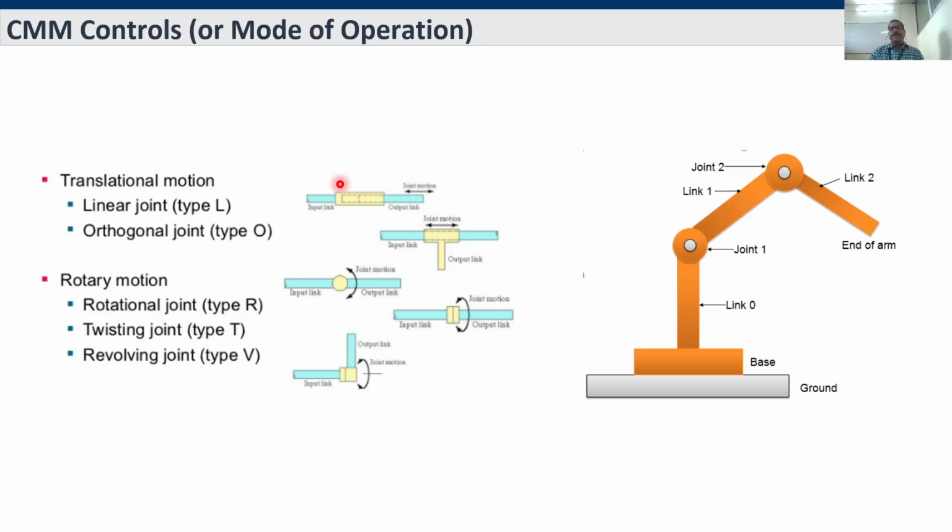Linear means like this, input and output, and the next one is orthogonal, where the output link moves at 90 degrees. Then the rotational joint, the input link and output link like this. Then the twisting joint, and finally the complete revolution based on the input link axis is your revolving joint.